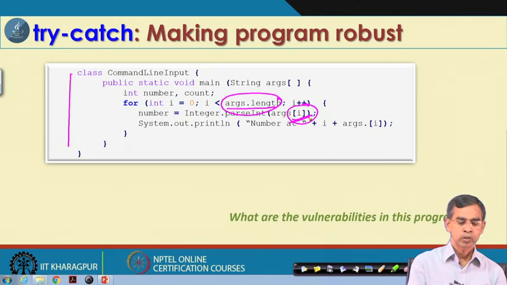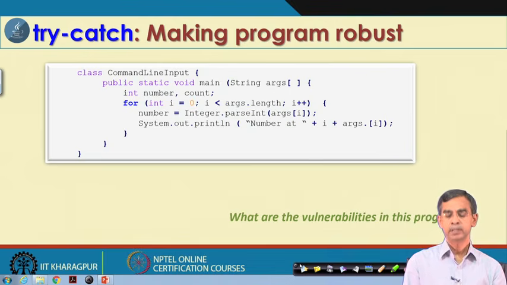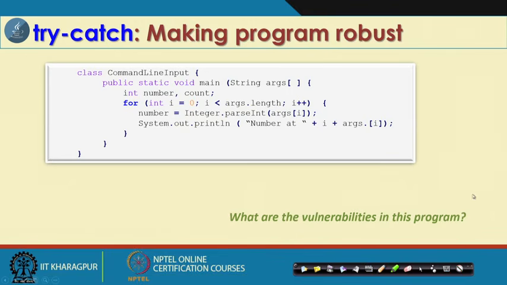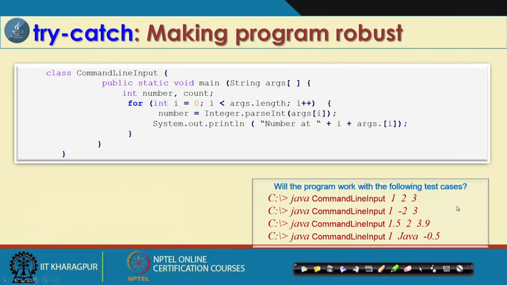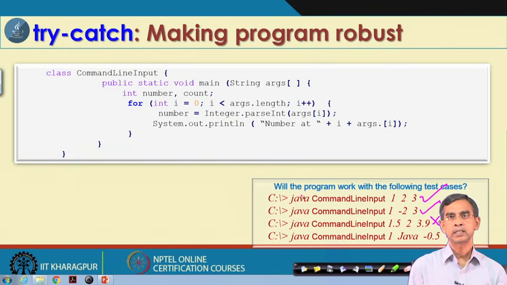So, if you run this program for many inputs, you may check that it runs for some input, but not truly for all input. Here are some instances I have mentioned, that this program will work for this input, this input, but not this, not this. Now, you can understand why this program will fail for this kind of input, but not this one.